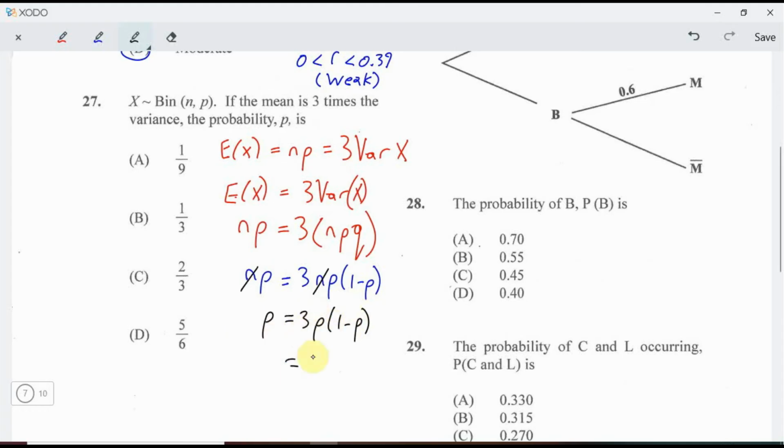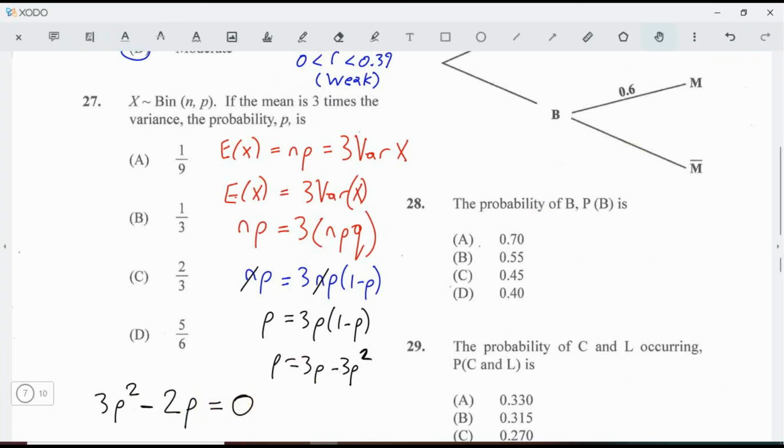So expanding, this is now 3P minus 3P squared equals P. Bring everything to one side. Bringing over the 3P squared to the left side, and bringing over the P to the left side as well, P minus 3P is minus 2P. That equals 0. So now we just need to solve this equation. We can factor out P. Factoring out P we have P in bracket 3P minus 2 equals 0.